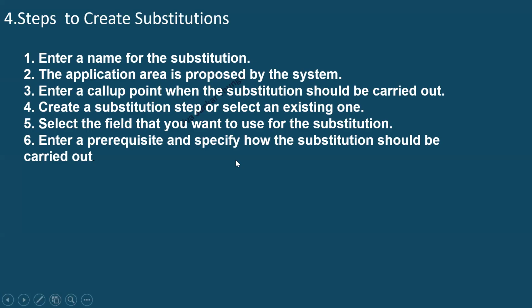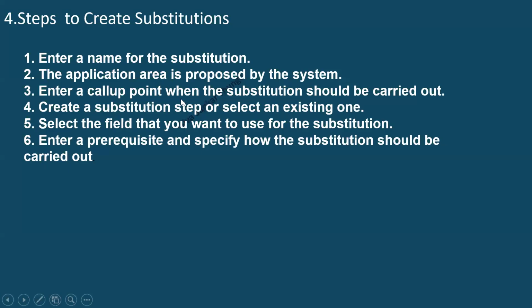Similarly, while creating the substitutions, we need to follow a similar process. We need to select the project definition or WBS element for which we are writing the substitution, right? Once selected, it will open a subscreen. In that, you need to enter the name of the substitution and its description. The system automatically gives the application area. It is Project System in our case. If you have gone through the earlier video, or else please go through that video.